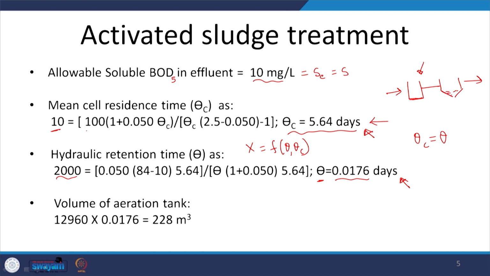We are capturing the sludge or the microbes and then we are putting that back in. Because of this recycle, theta c is far greater than theta. So, that is what you see out here. And then volume of the aeration tank, obviously theta is equal to V by Q, and we now can get the relevant volume, which is 228 meter cube, right. So, that is good enough there.